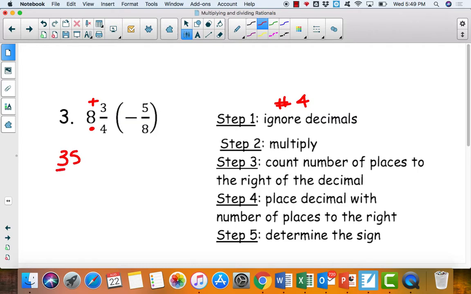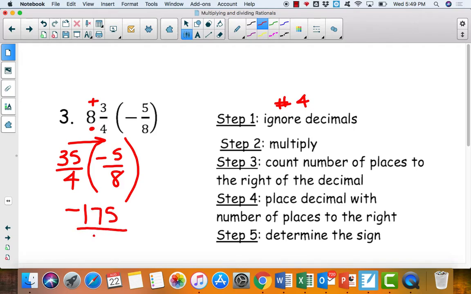I have 35 fourths times a negative 5 eighths. When I multiply straight across, 35 times 5 is negative 175. 4 times 8 is 32. That is my final answer.